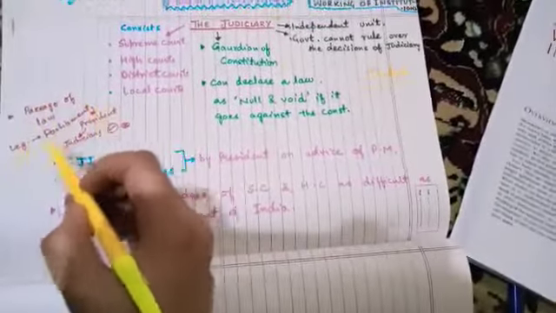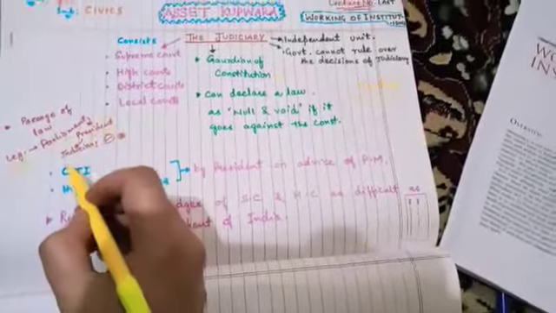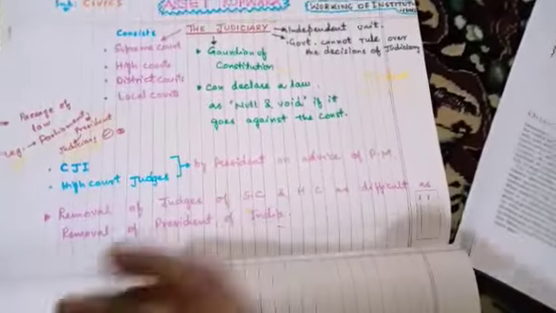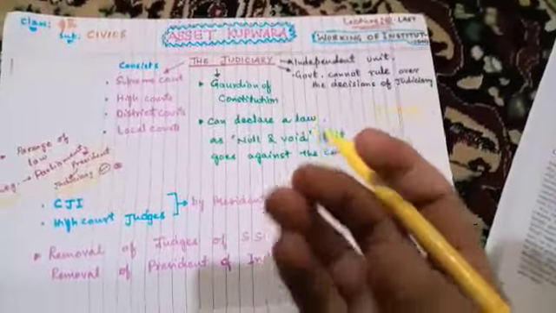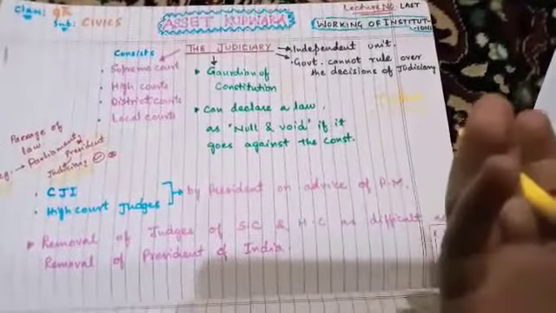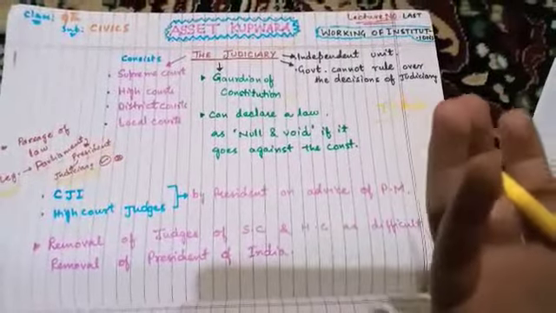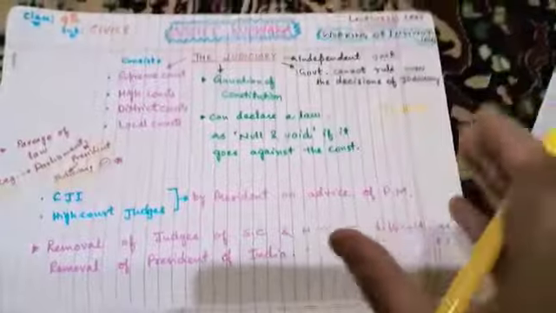Through all this process of passage of a bill, nowhere does the judiciary exist. Then at the end, what is the function of the judiciary? It takes account of that bill. It sees the content of the bill, whether it is according to the constitution or goes against the constitution.